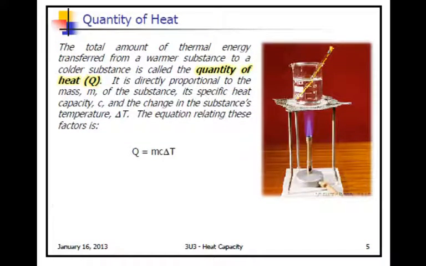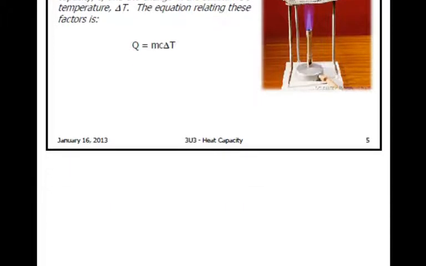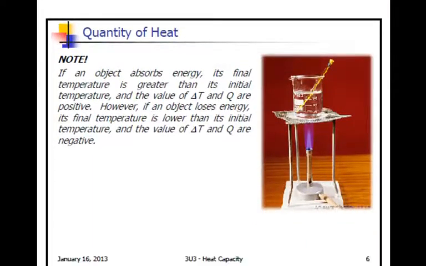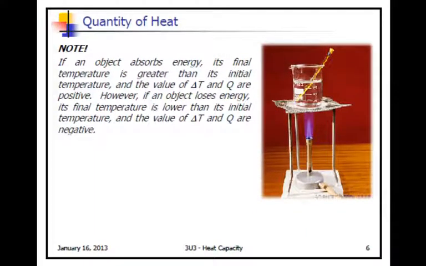So the total amount of thermal energy transferred from a warmer substance to a colder substance is called the quantity of heat. It's given the variable Q. And it's calculated using this equation. Q equals mc delta T, where c is the specific heat capacity, m is the mass, and delta T is the change in temperature.